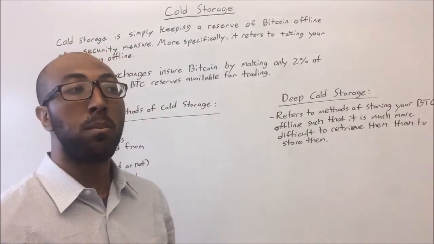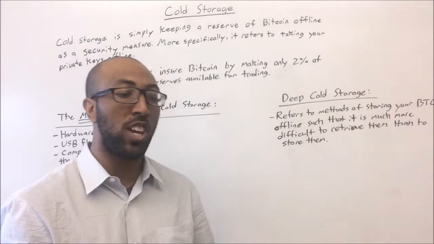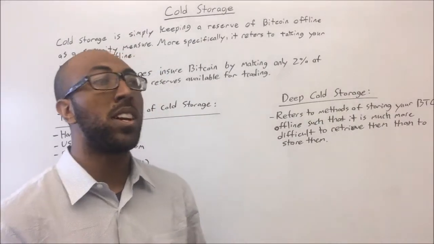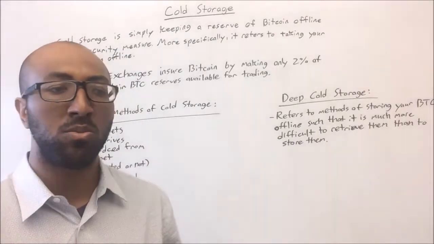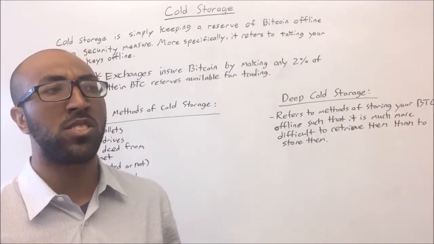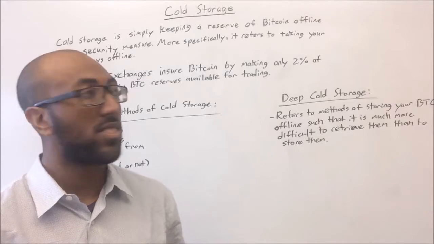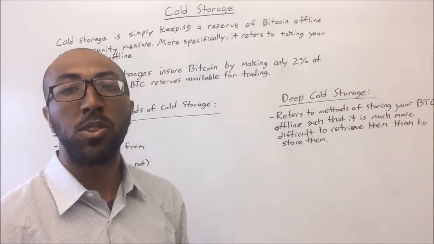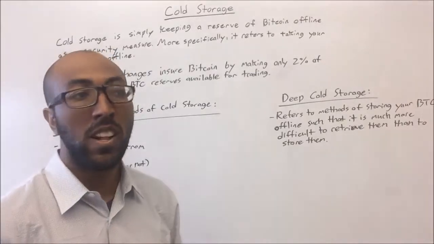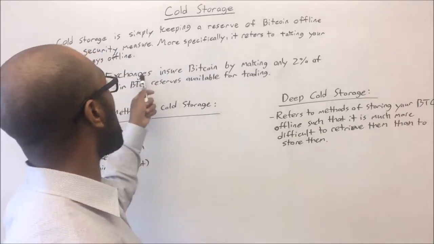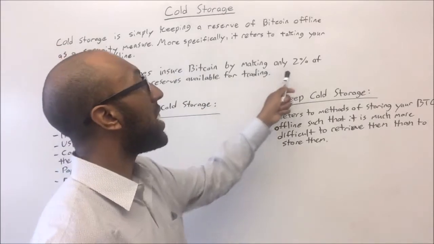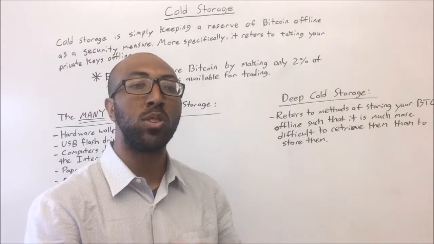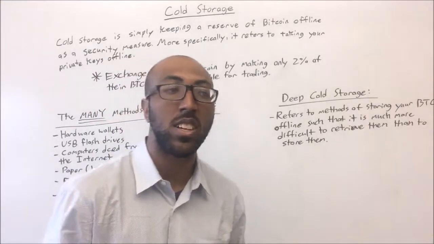So when all these exchanges are doing all this trading and holding your wallet, in the event that a hacker hacked their website or hacked their servers and stole all your Bitcoin, they still have 98% of their Bitcoin reserves. So they'll be able to fully refund you for the Bitcoin that you lost. That's how these exchanges ensure that if you lose your Bitcoin, they can always compensate you for your losses.